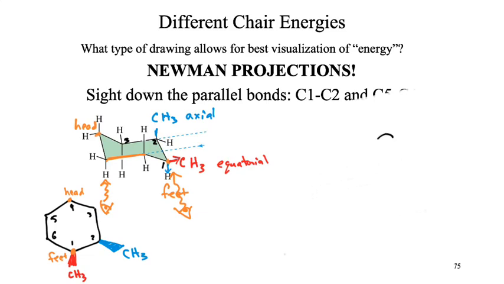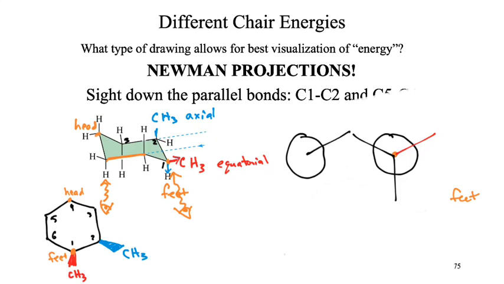So, Newman projection of relevance is the one on the right. Okay? That dot in front would be our feet, or what I have labeled as feet. So I'll call that orange and feet. The CH3 is aimed out there. Connect these up.